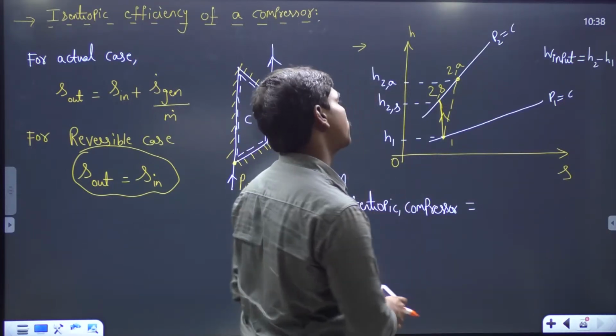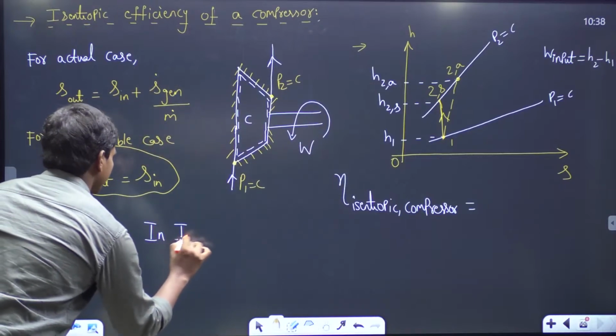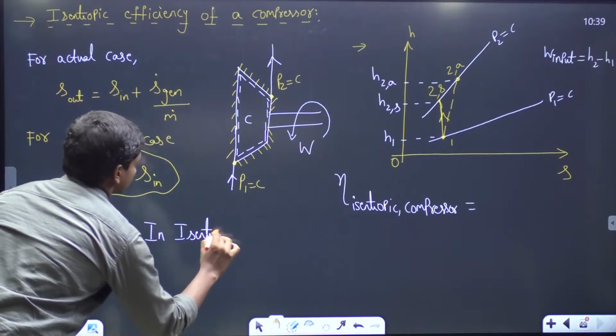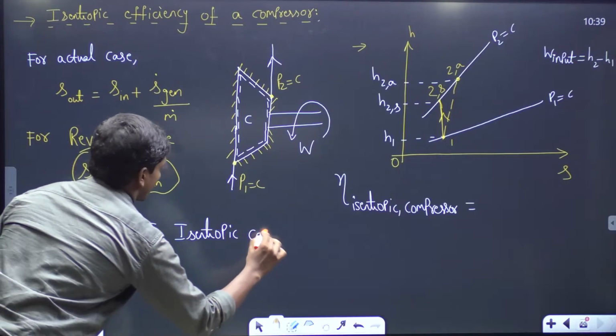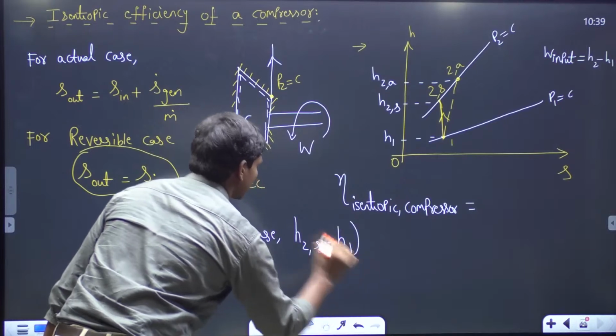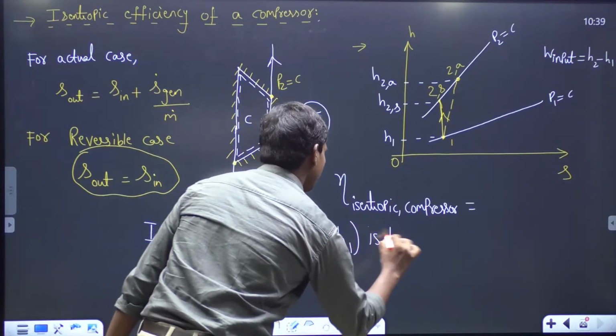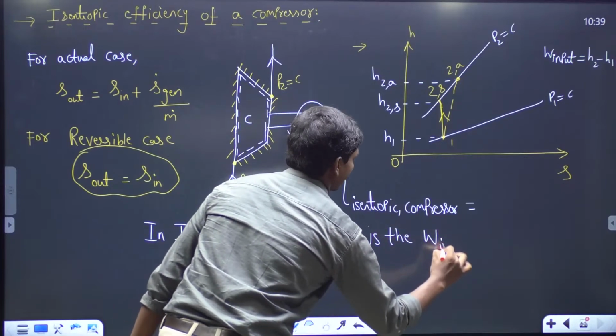But now see what happens. In isentropic case, H2S minus H1 is the work that you could have supplied, is the W input to the compressor.